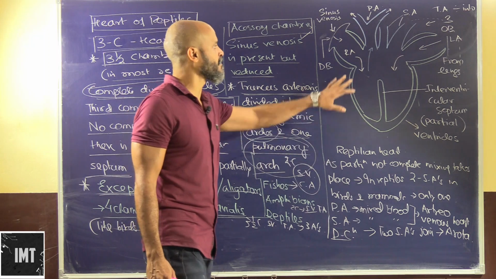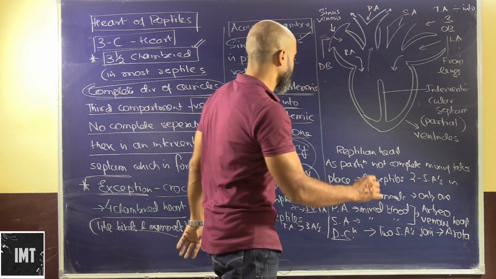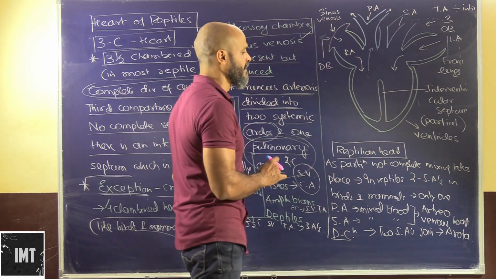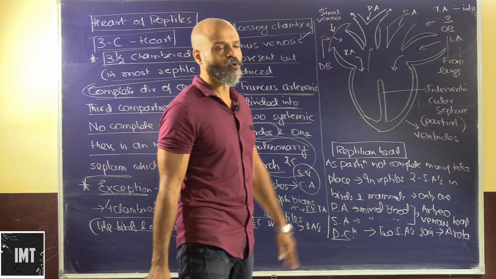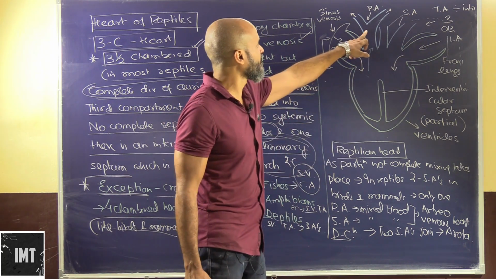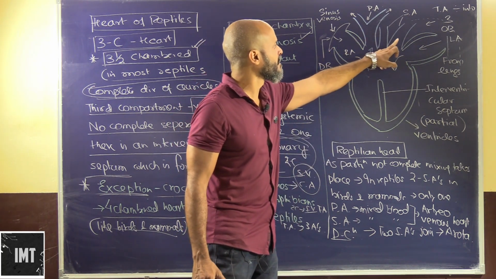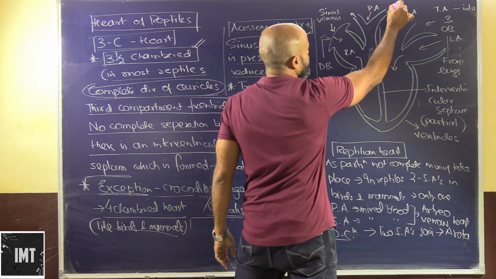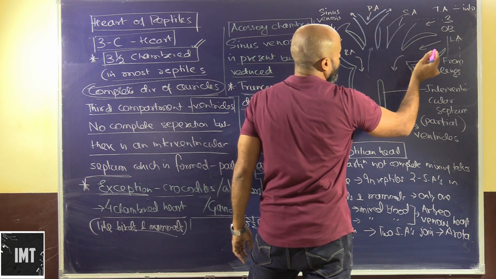So let's look at the heart here. This is basically a reptilian heart. It will have a ventricle and 2 auricles, a right auricle and a left auricle. We have a pulmonary artery, which supplies blood to the lungs, and systemic arches.